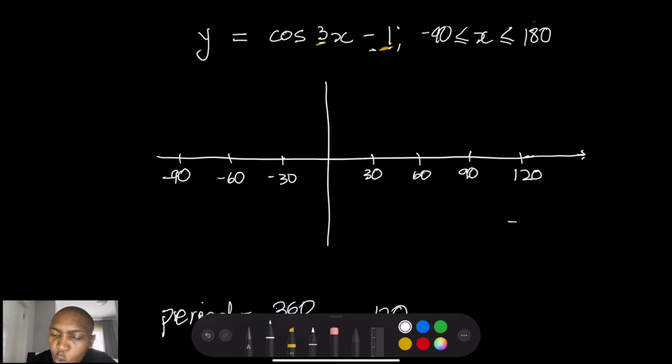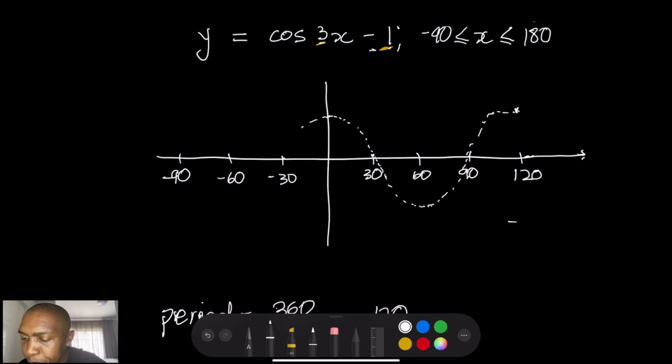So I know at 0, my cos graph would normally be 1. At 90, it would be 0. At 180, it would be minus 1. At 270, I'd have another 0. And at 360, I'd have another 1. So this is what it would look like.